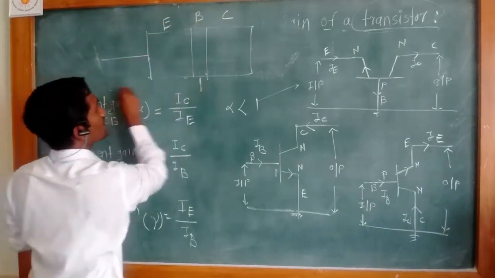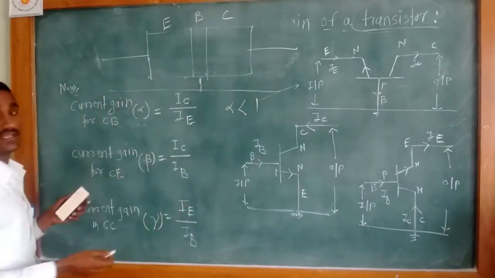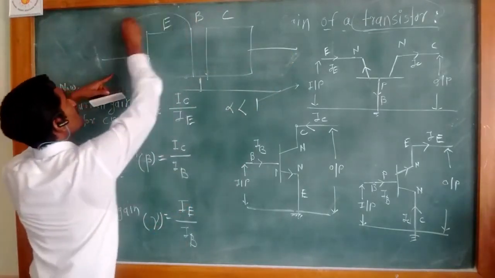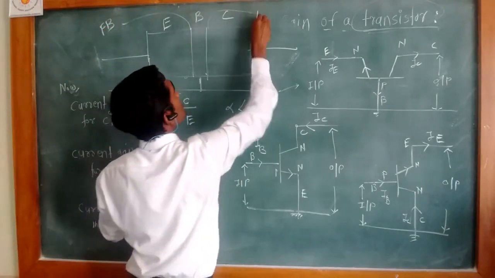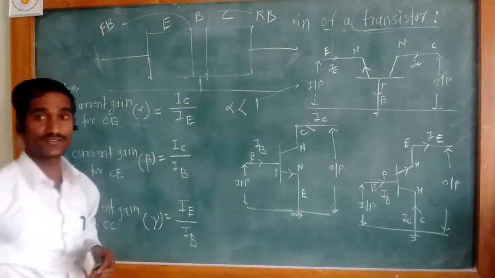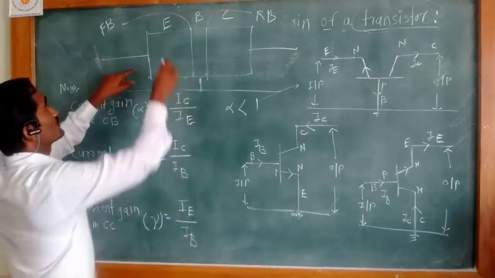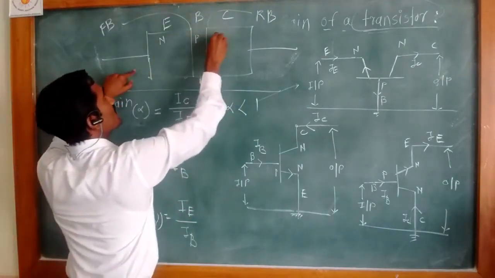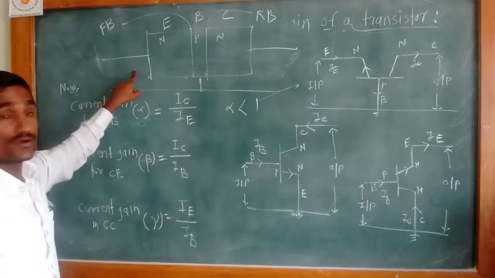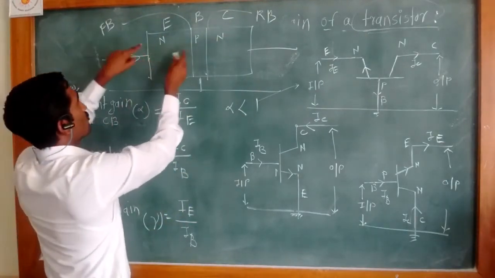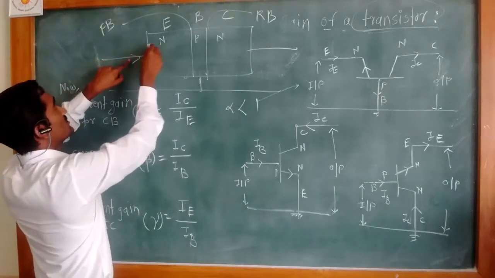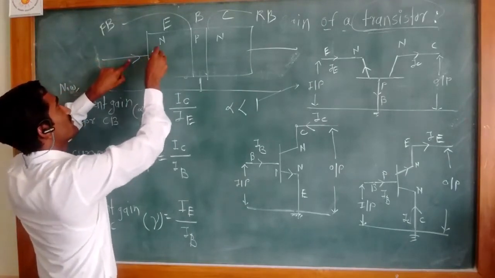If you apply voltage in such a way that the first junction is forward biased and the second junction is reverse biased, and suppose this is an NPN transistor, then the emitter current enters the emitter. Suppose 100 electrons enter this emitter terminal.